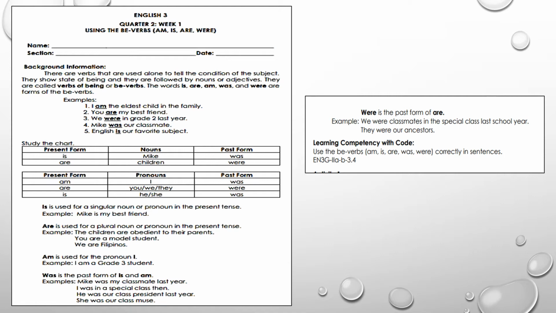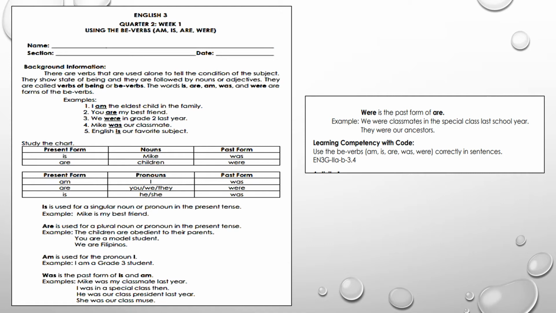Now let's go for was. The word was is the past form of is and am. So examples of this is Mike was my classmate last year. I was in a special class then. He was our class president last year. She was our class muse.